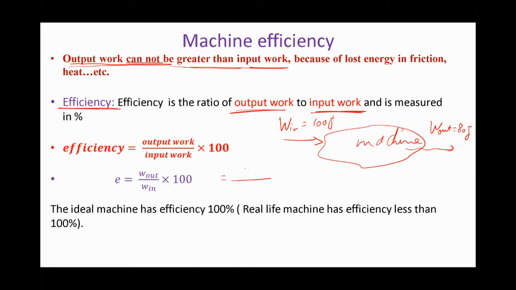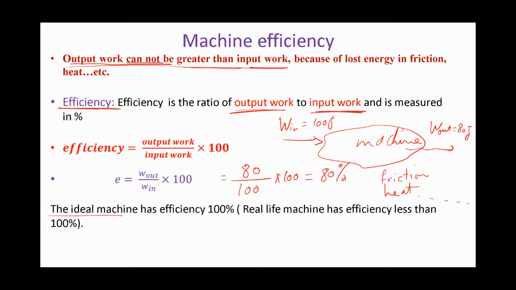The efficiency is 80 divided by 100 times 100, which gives you 80%. What does it mean? It means you will lose 20%. There is a loss of 20%. This loss is friction, heat, or any kind of loss.